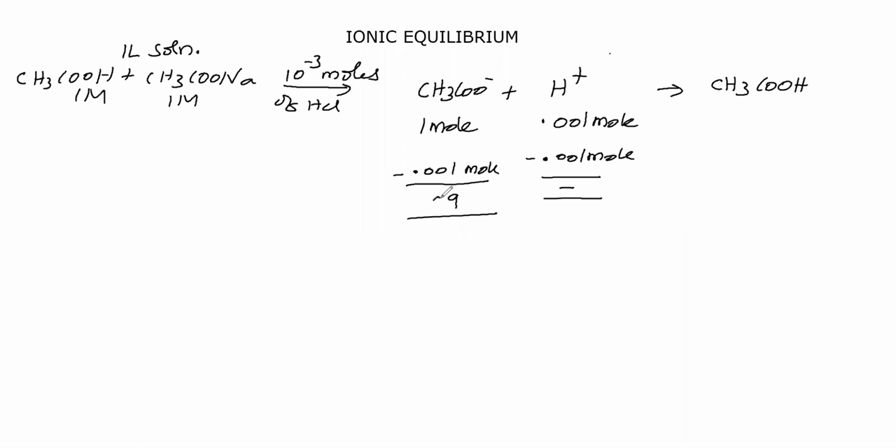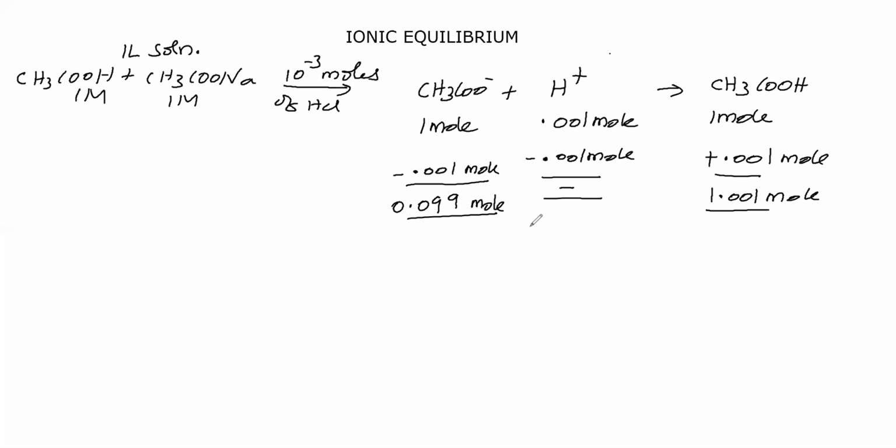How much acetic acid is produced? This much. How much acetic acid is already present in the buffer solution? You multiply this molarity and the volume of solution, and you get 1 mole. So 1 mole of acetic acid is present. So how much acetic acid is now present? This much.